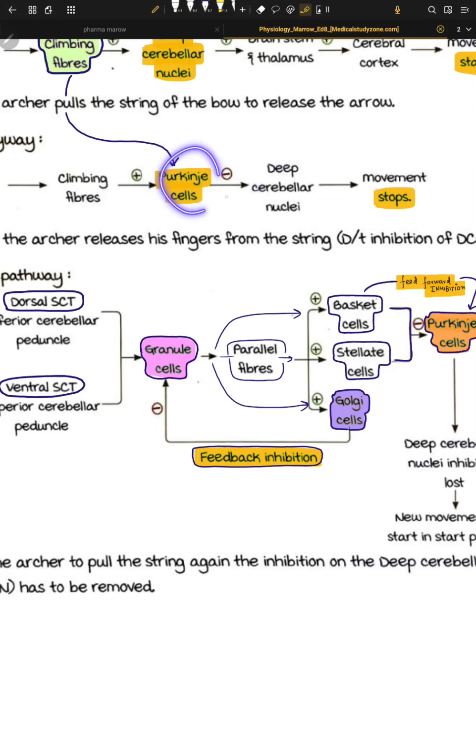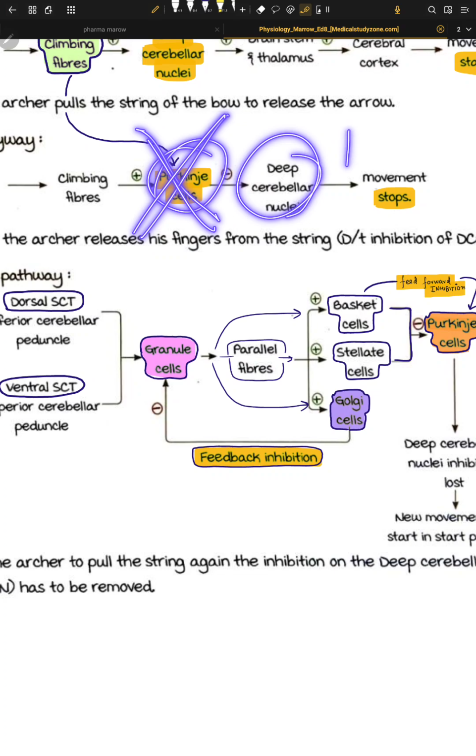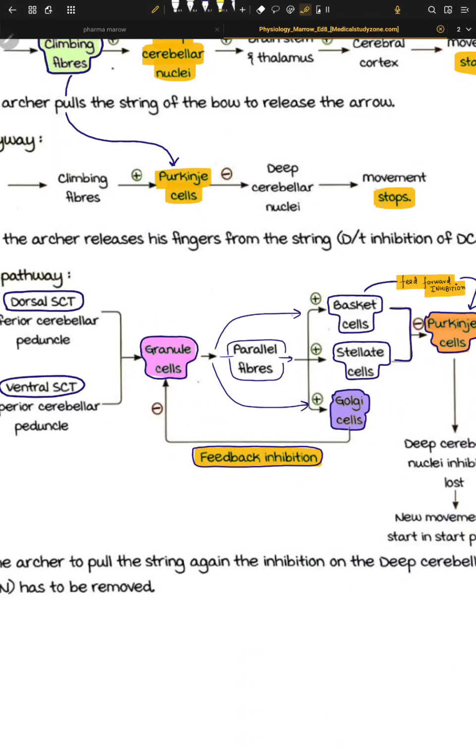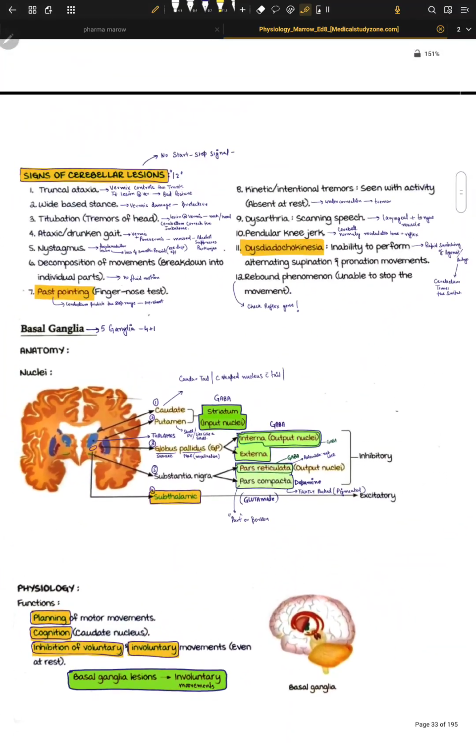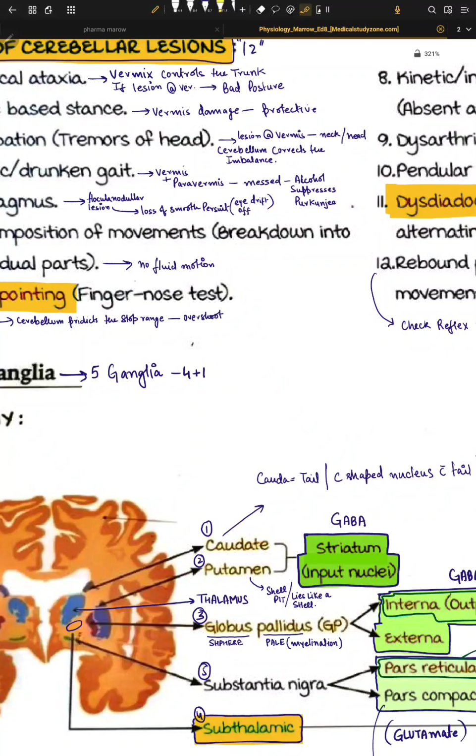Okay, and if this is inhibited, the movement stops. Just imagine your Purkinje cells are always suppressed. It means this is always upregulated. If this nucleus is always upregulated, it means the movement never stops. You will keep moving, moving like a drunken guy. So alcohol messes up the Purkinje cells.